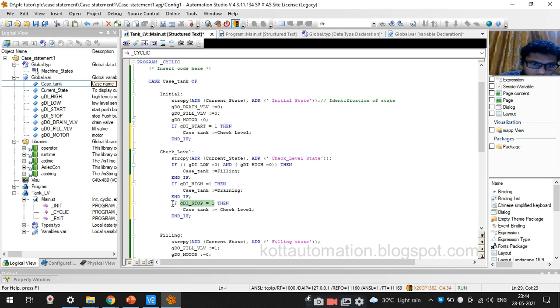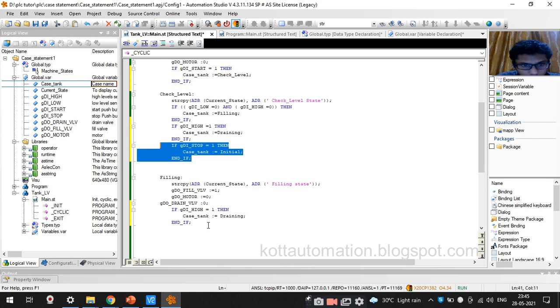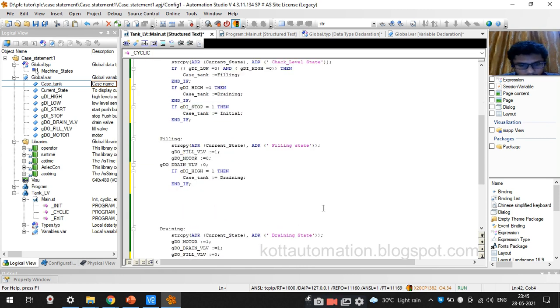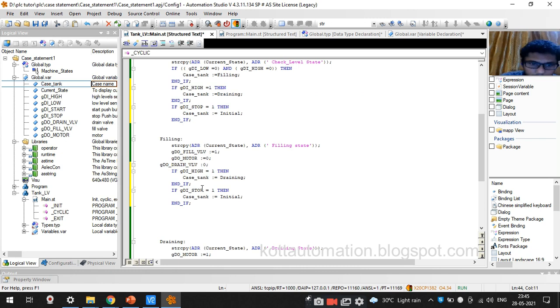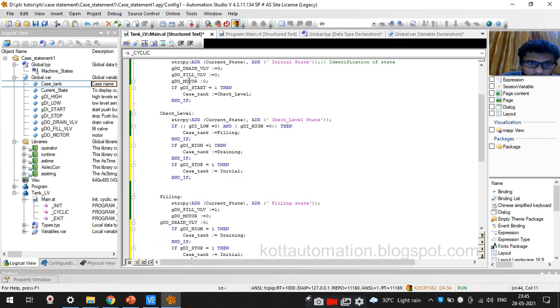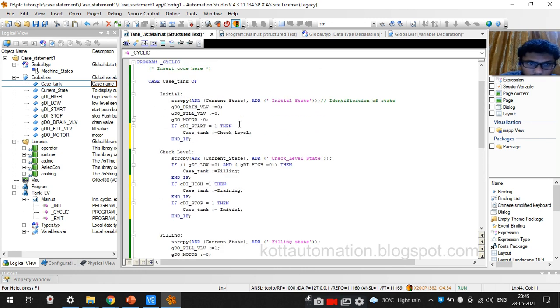so this logic means if we are pressing the stop button during the check level cycle, the case will jump to the initial statement. Means I have to write here initial. In the similar manner, if my logic is at filling state and I'm pressing stop button, it should jump to initial, means all of my outputs should stop.